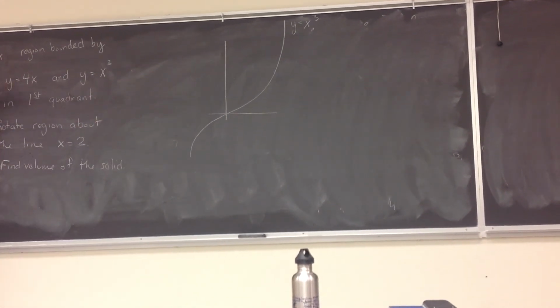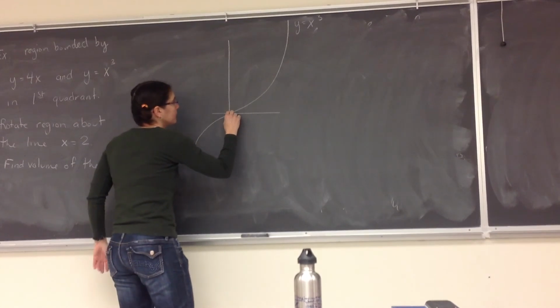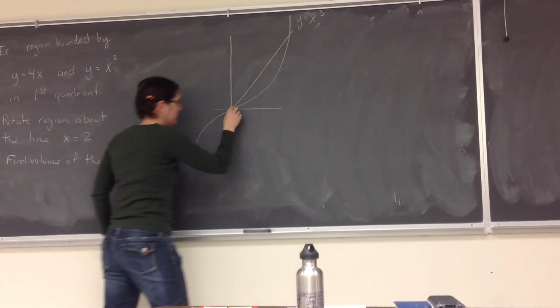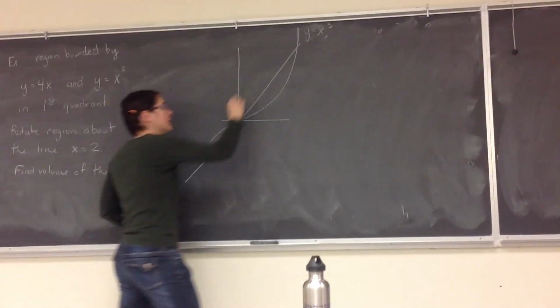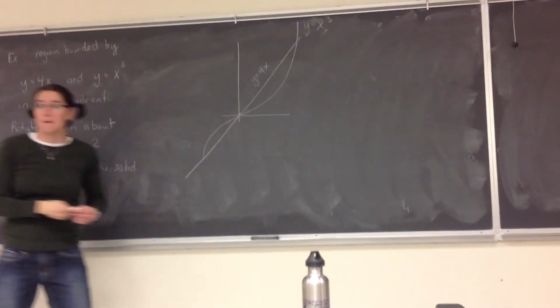And then the other equation we have is y equals 4x, which is a diagonal line, and also extends down here into quadrant 3.